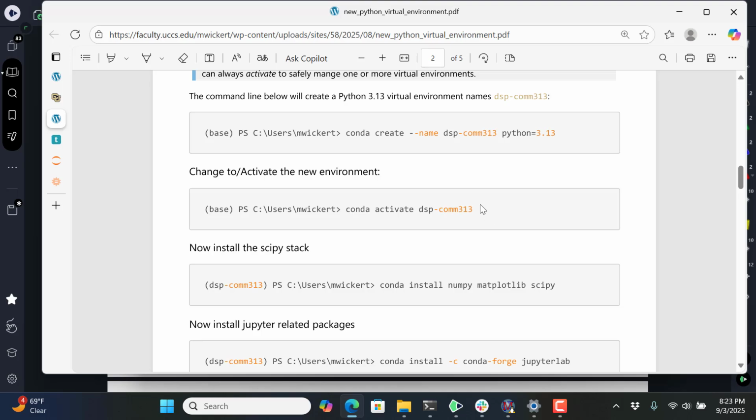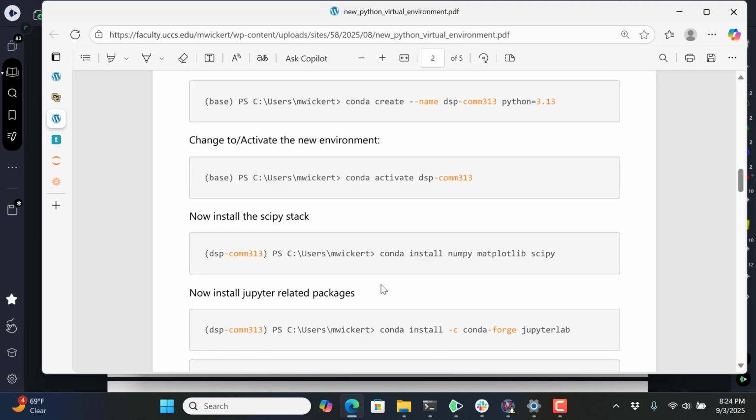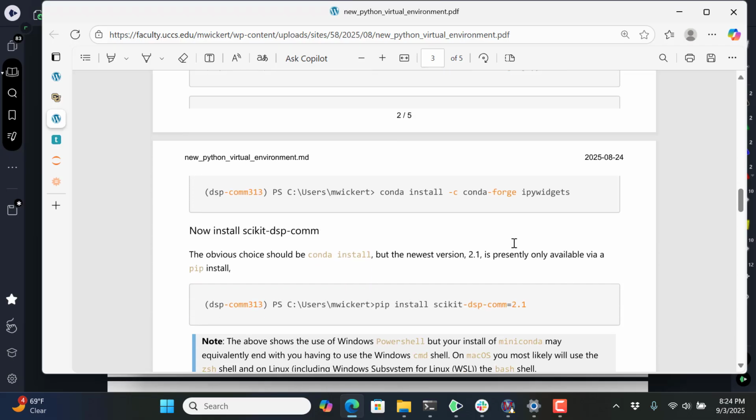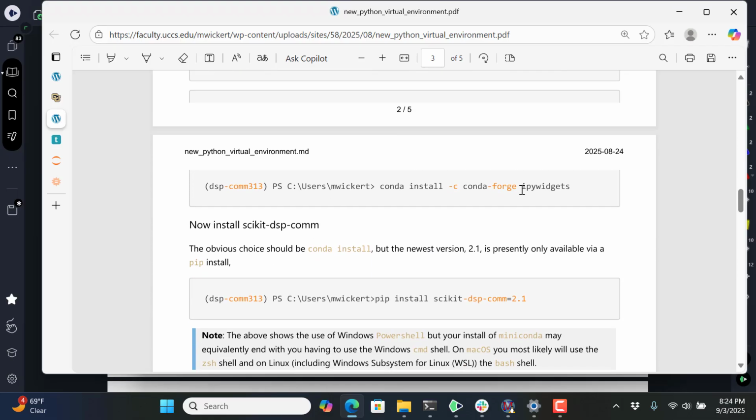The first package installation string is to install NumPy, Matplotlib, the graphics library, and SciPy. The second round of installations will be JupyterLab. The third round of installations will be IPyWidget, so we can have graphical GUI control elements when we do real-time DSP and work with sliders and buttons in particular.